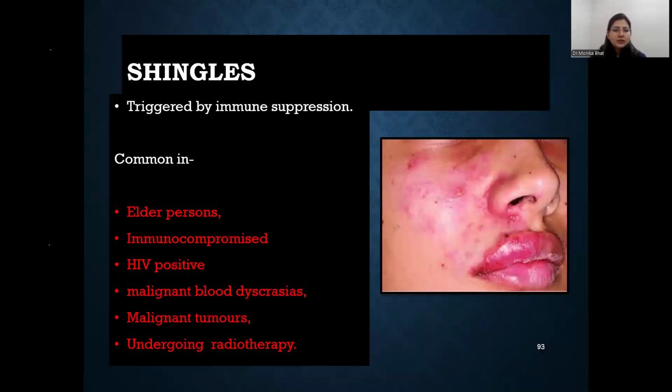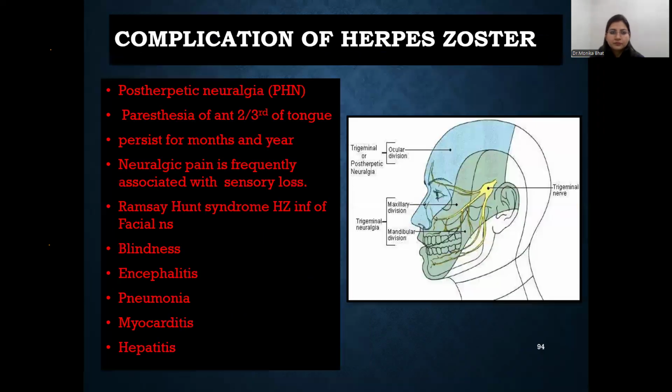Shingles is another category, which is triggered by immune suppression, for example in elderly patients or immunocompromised patients, HIV positive patients, malignant blood dyscrasias, and malignant tumors undergoing radiotherapy. These are the triggers for shingles.